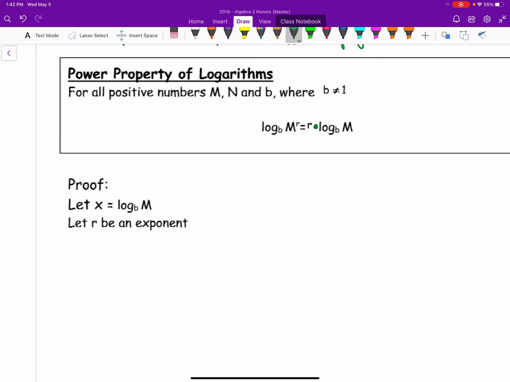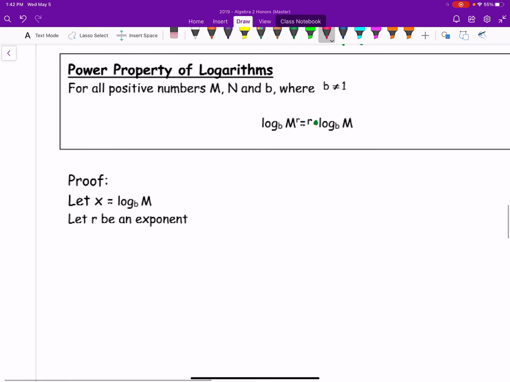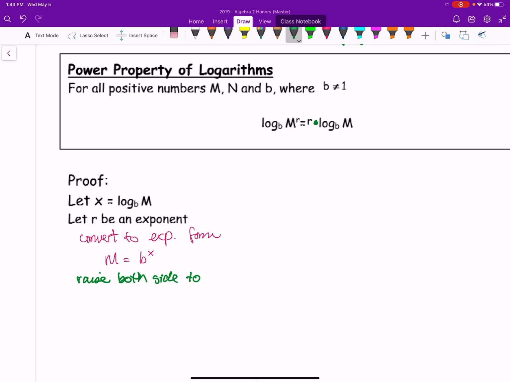we again start the same way. Convert to exponential form. So that's going to give me m is equal to b to the x power. Raise both sides to the exponent r, because that's what's being used in the problem.